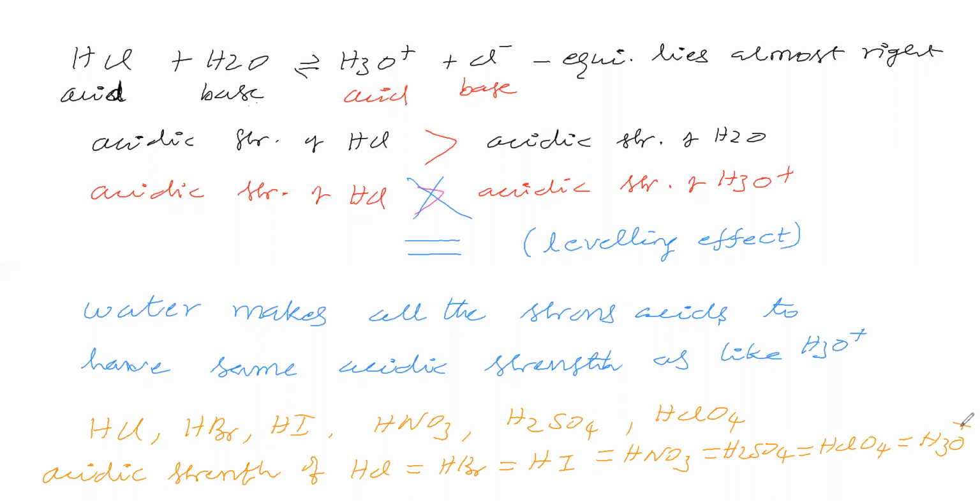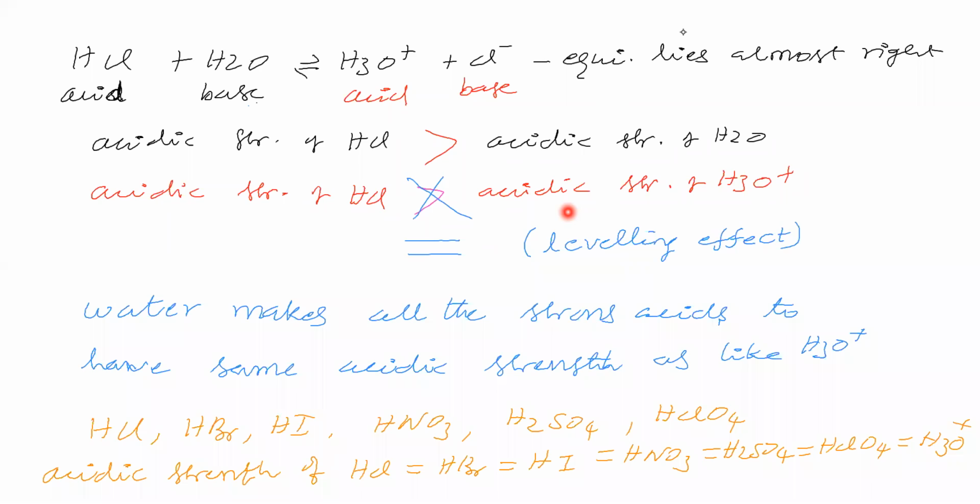Acidic strength of all the strong acids are equal and also equal to H3O plus. This effect is called the leveling effect. Water makes all the strong acids have the same acidic strength as H3O plus.